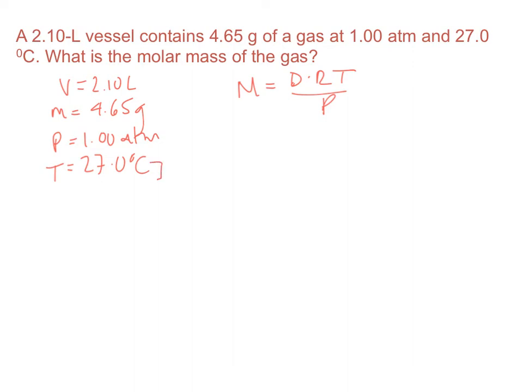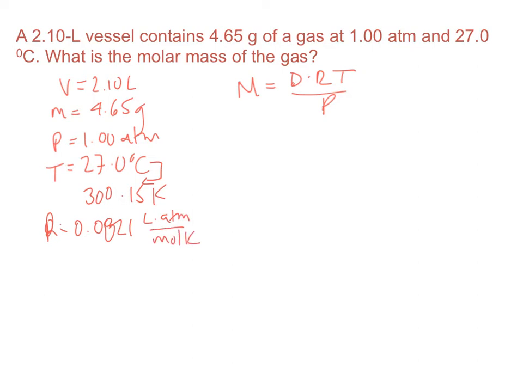So let's do that really quickly. We add 273.15 to get 300.15 Kelvin. R is our ideal gas constant, which is 0.0821 liters times atm per mole Kelvin.